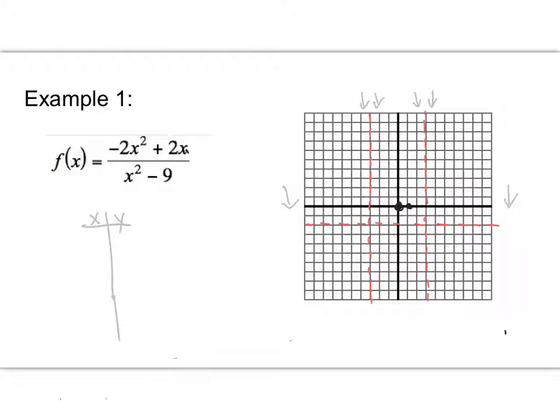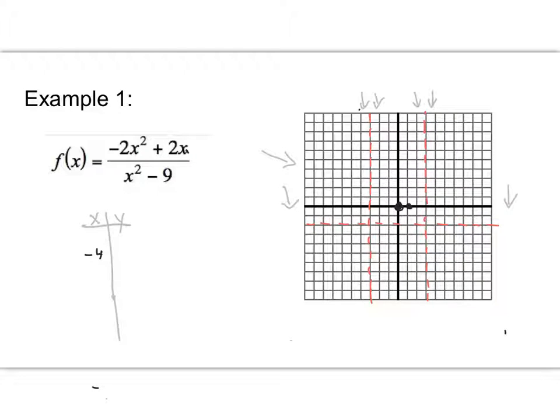So if I want to know where my graph is in this section over here, let me get a laser out so I can show you what I mean. So I have this section over here to the left of my vertical asymptote where x is -3. If I need to figure out where that goes, well, I'm going to plug in a couple values over there. All right, so a good place would be over here, just to the left of this, at x equals -4.